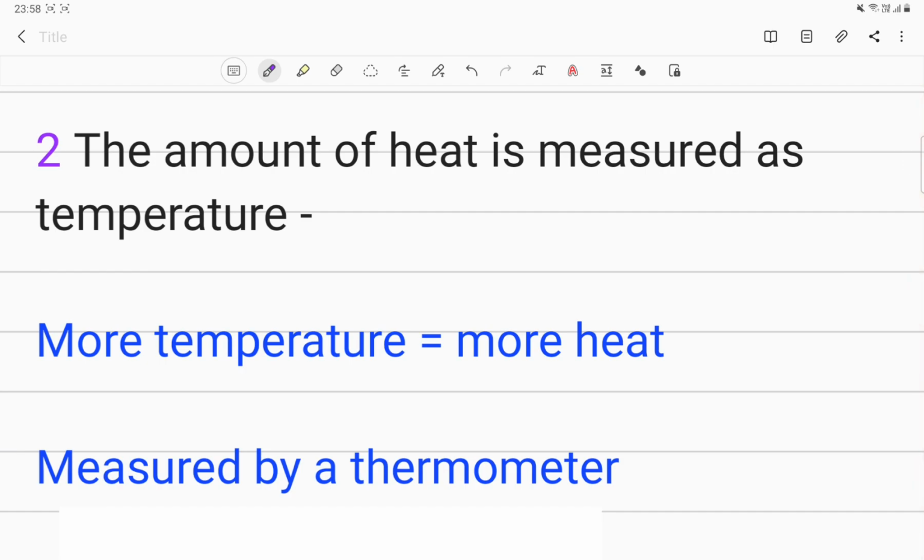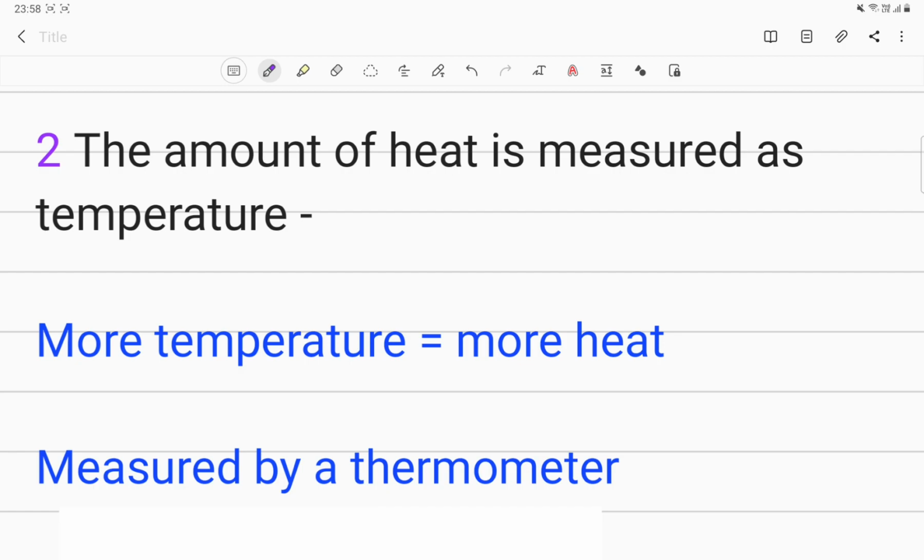Now, how do we measure time? We measure time in seconds or using some other units. Now, how do we tell how much heat is present inside a substance? We describe the amount of heat present inside a substance as its temperature.